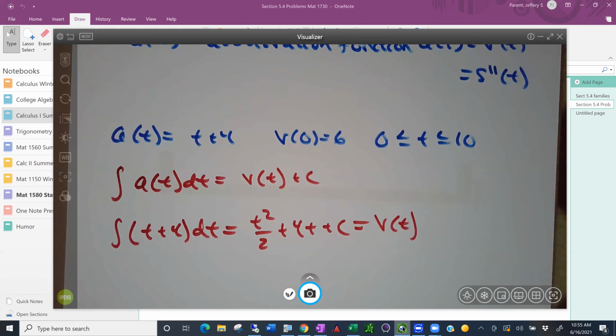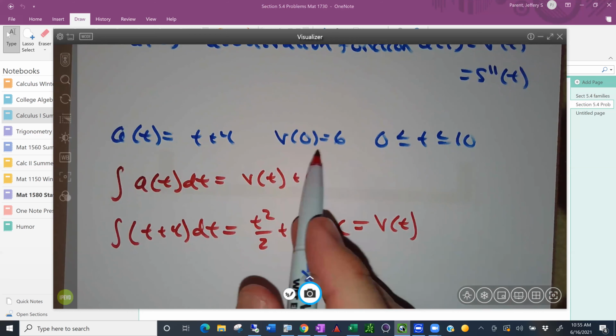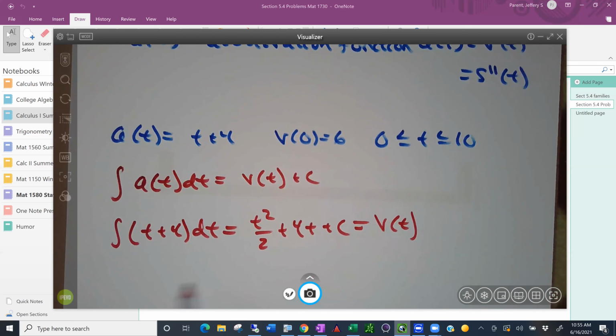But I want to know the velocity at time 0. They tell us velocity at time 0 is 6. So V of 0 equals 6. That's also going to equal 0 squared over 2 plus 4 times 0 plus c.